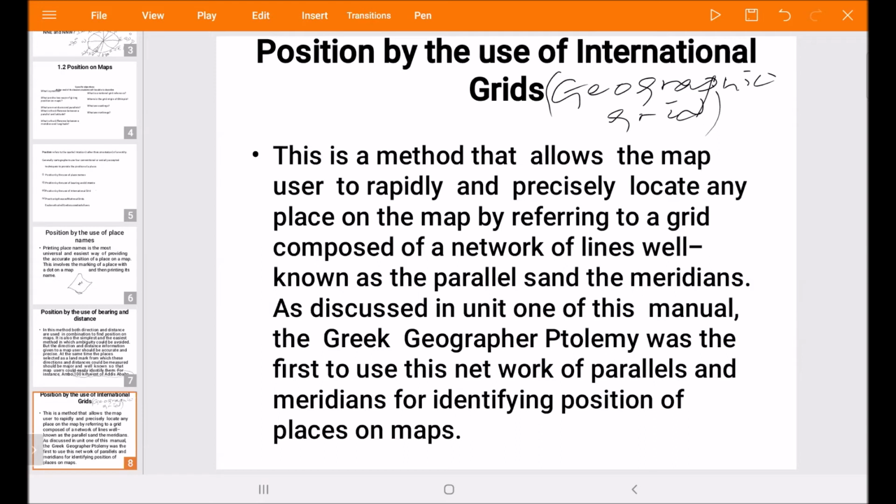International grid እና geographical grid በመጠቀም እናሳይበት መንገድ ነው. Okay, the other one in the case of international grid or geographical grid, always latitude comes first.